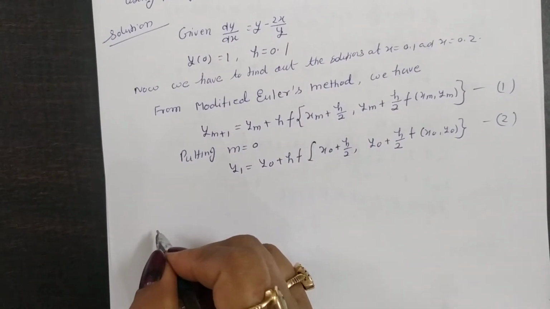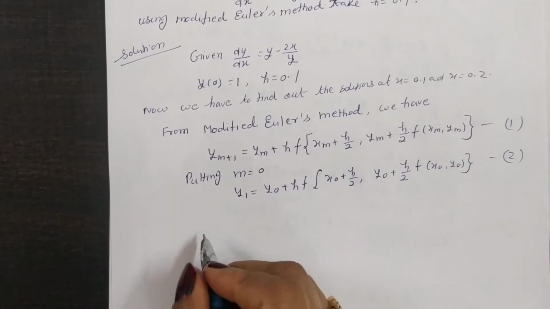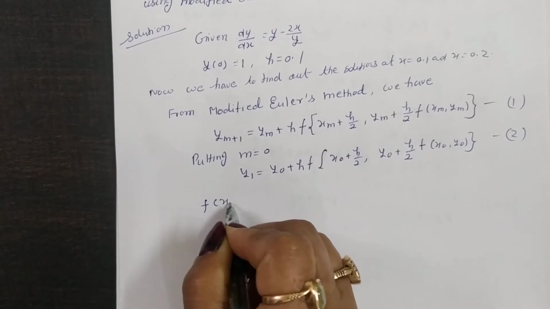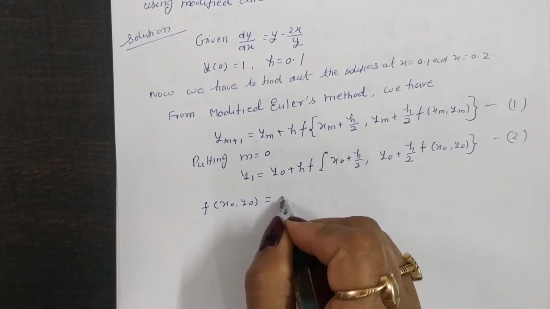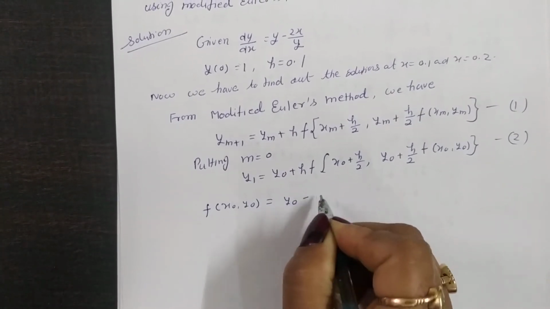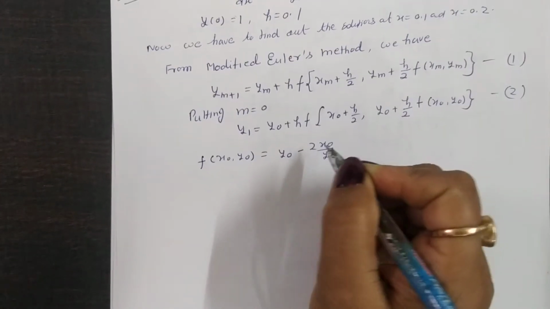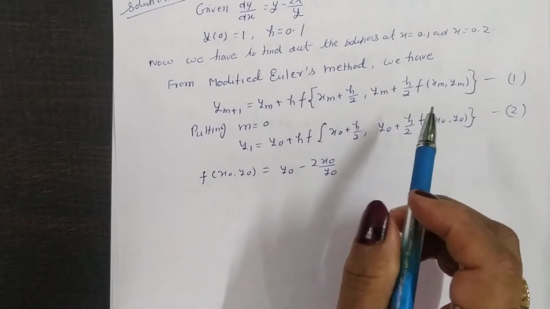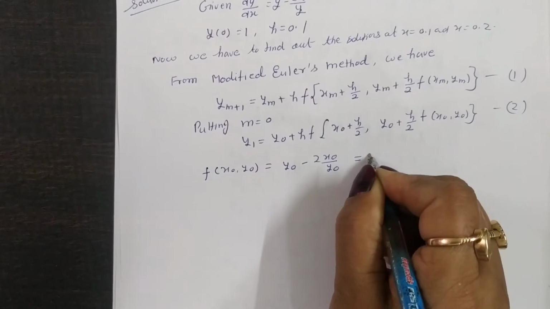Now for this formula, the function dy by dx is equal to f of x, y. So f of x0 y0, according to the given problem, is given as (y0 minus 2x0) by y0. Now substituting these values, y0 is 1 and x0 is 0, so you get this value as 1.